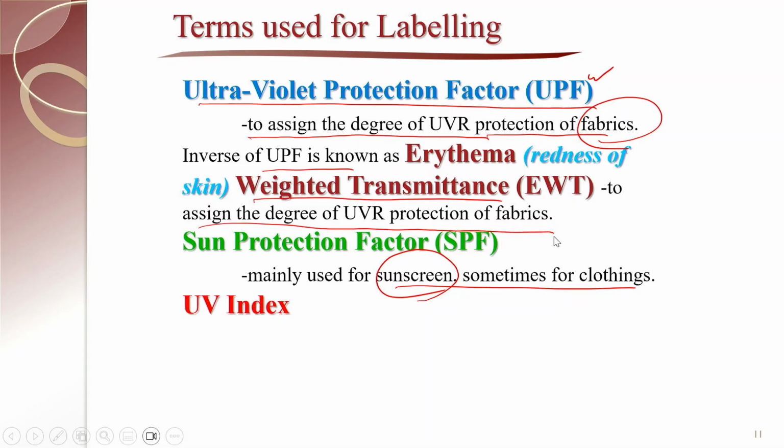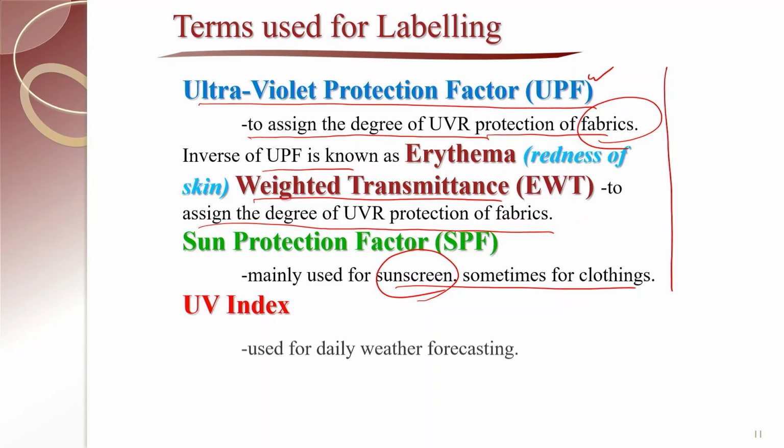Next is the UV index. UV index has nothing to do with protection, but it gives an idea of the overall UV level, the extent or intensity of UV ray in a particular location on the earth. It is used for daily weather forecasting.